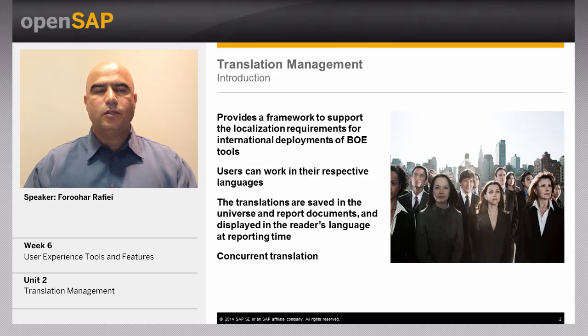There are two ways that you can translate documents. One of them is to translate internally, using the translation management tool to import a locally stored file and add the locale to translate.